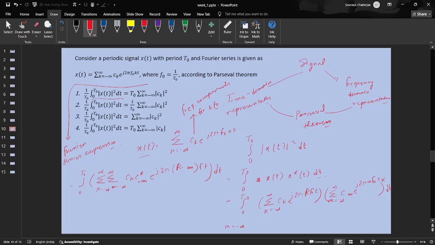I'm essentially computing the energy of xt over an interval of t, that is this fundamental period, and I've written xt in terms of its Fourier series expression, and I'm kind of getting stuck here. I have two summations here and this complex sinusoid. So what do you think the next step is going to be? Is the double summation going to be there, or can we do something about that?